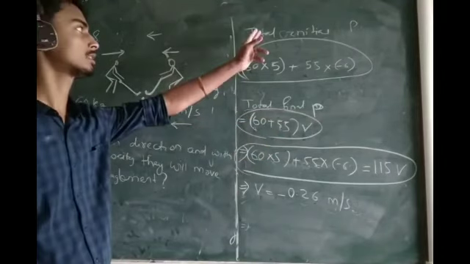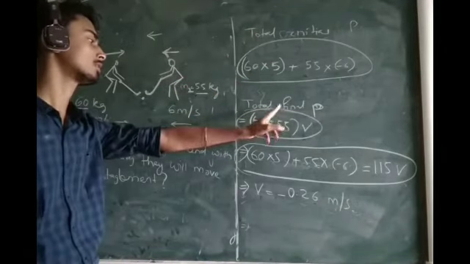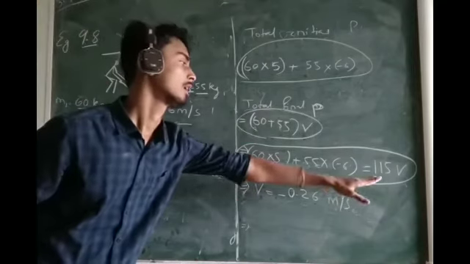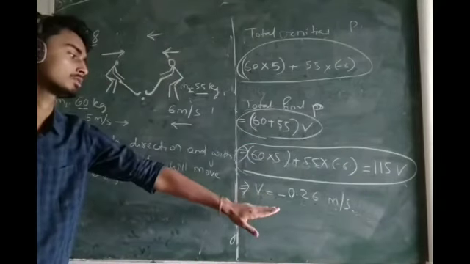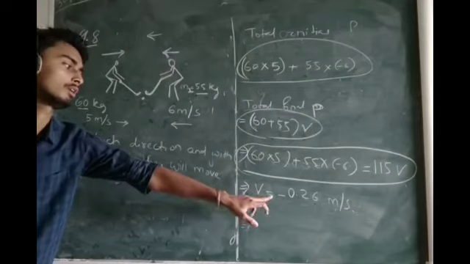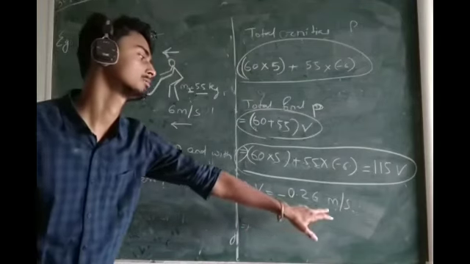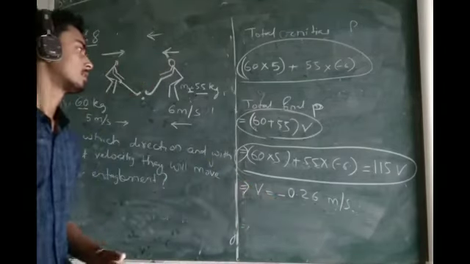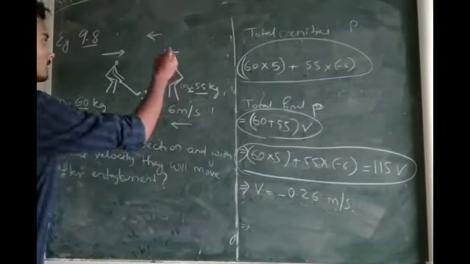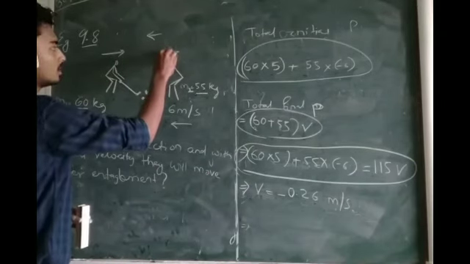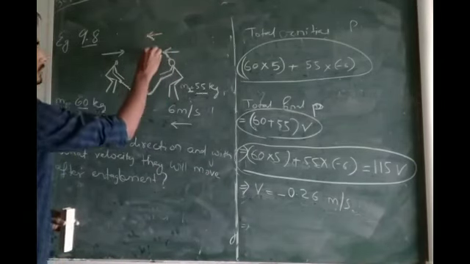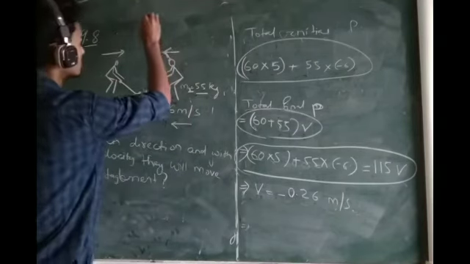Now we equate the total initial momentum to the total final momentum. After solving, we find that the value of V will be minus 0.26 meter per second. It means that after entanglement, they will be moving in the negative direction with a velocity of 0.26 meter per second.